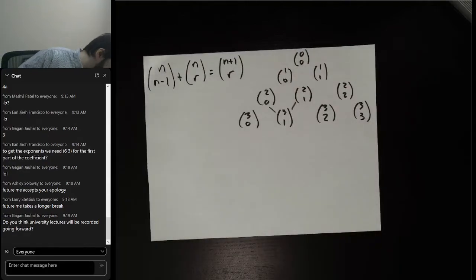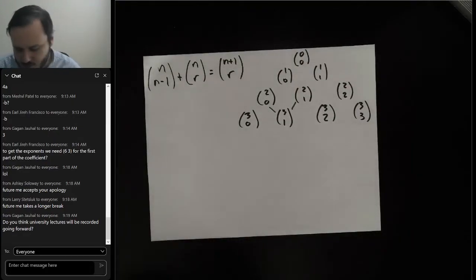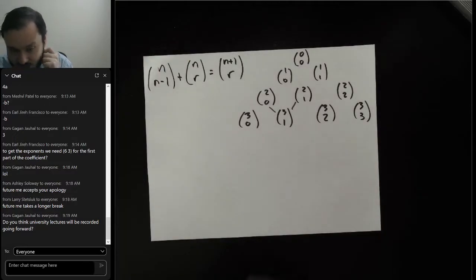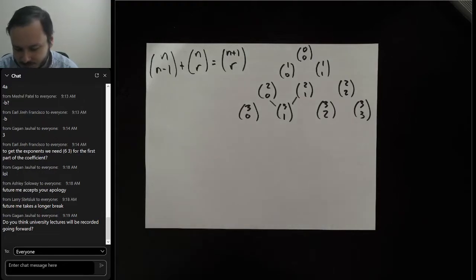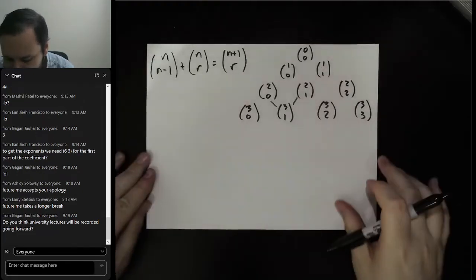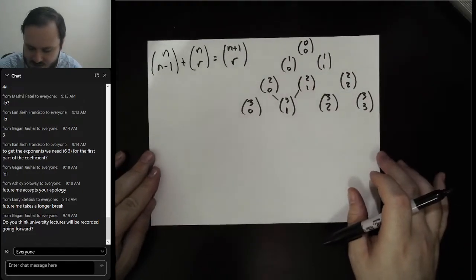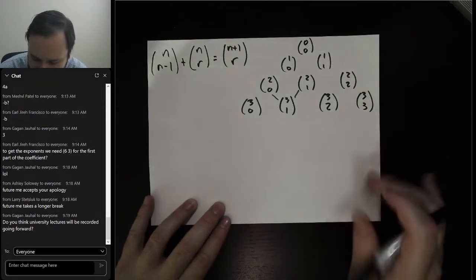Look at another example of a combinatorial proof. You can do this algebraically. This one's not terrible to do algebraically, but there's a lot of factoring going on. So instead, let's prove this with another combinatorial proof.